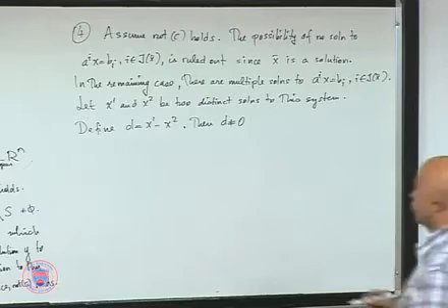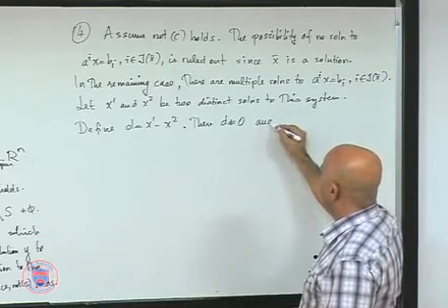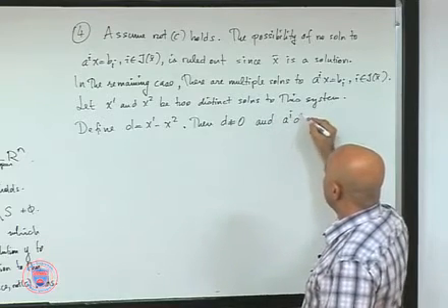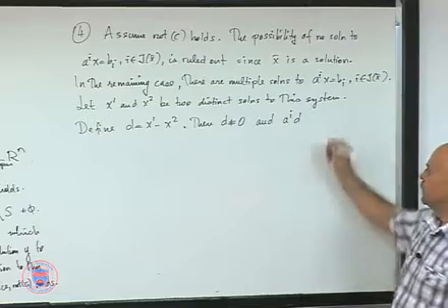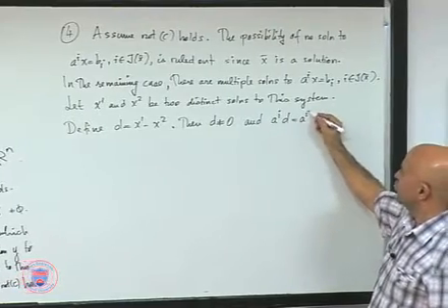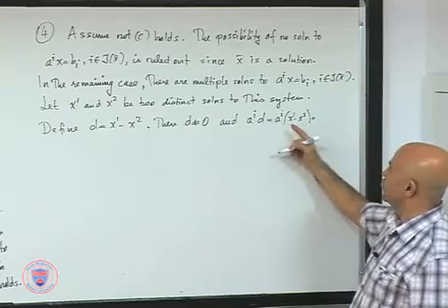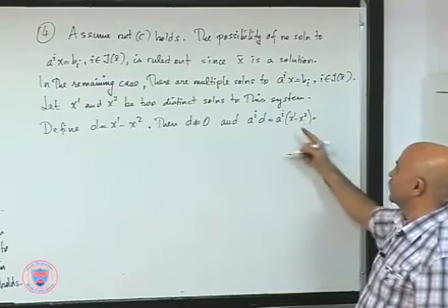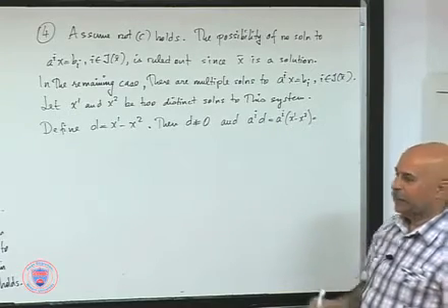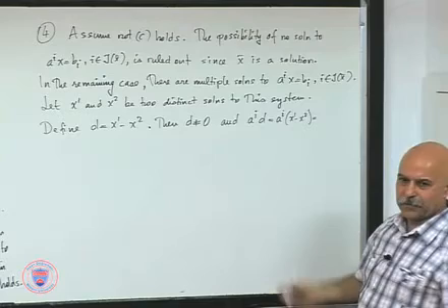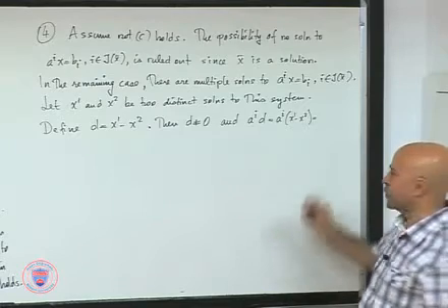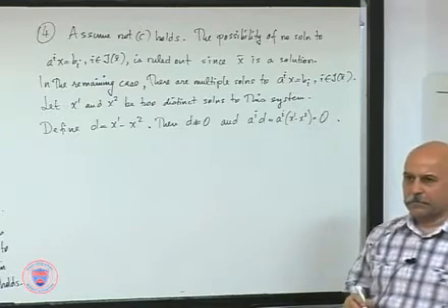And what else? AI times D is equal to AI times x1 minus x2, which gives you AI x1 minus AI x2, but how much is AI x1? BI. AI x2 is also BI because x1, x2 are solutions, so this gives you 0.